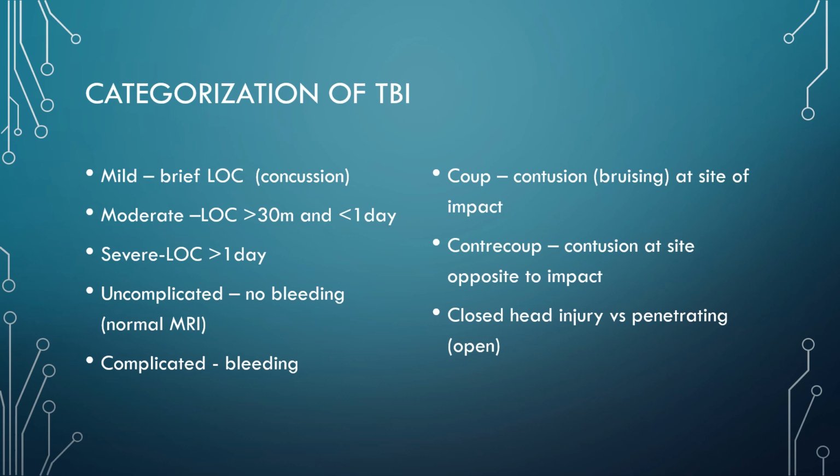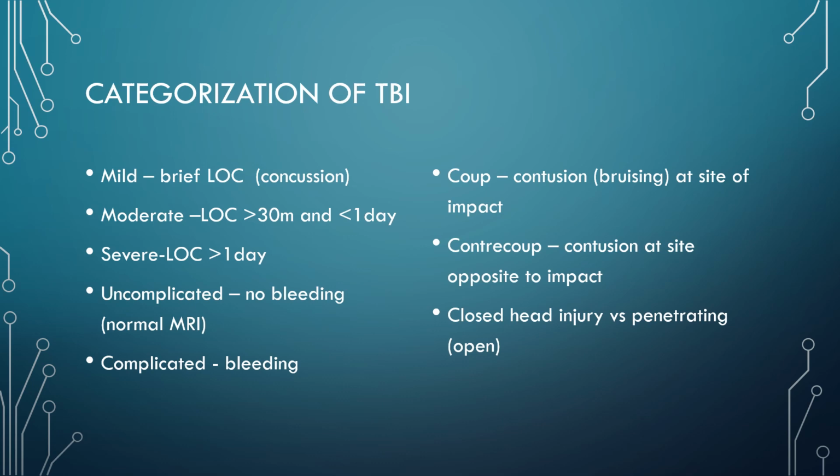And then we have coup and contrecoup. This has to do with the location of the damage or impact. Coup means that the injury inside the brain is at the site of impact. So if you're hit in the forehead, you have damage behind your skull at the site of the forehead.